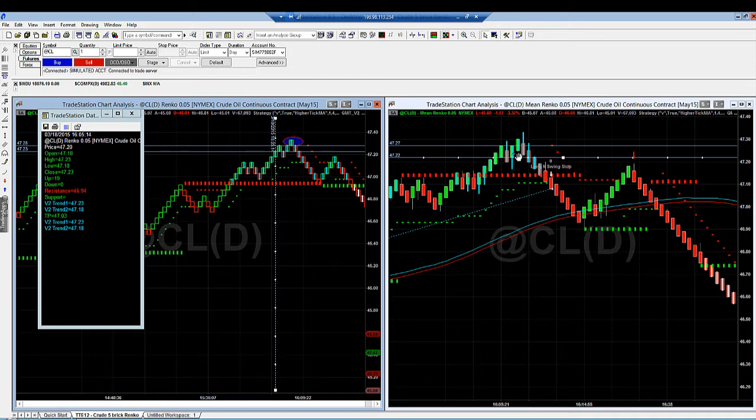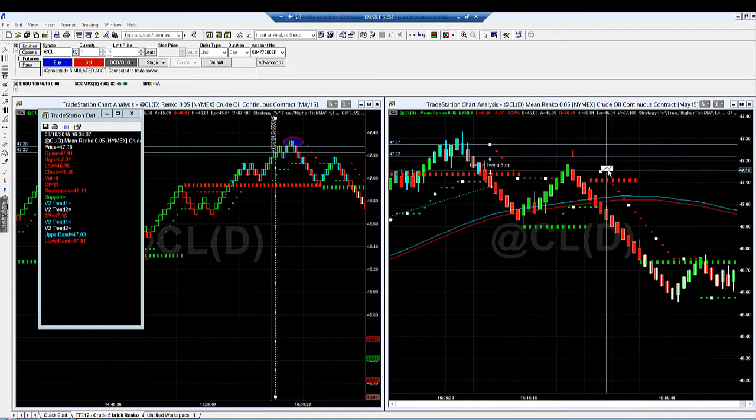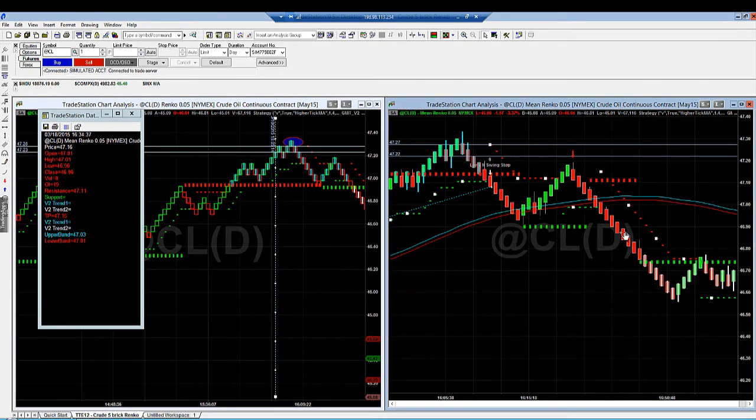Now, the other interesting thing is the way they're constructed. Let's use the shorts as an example. We'll go over to our short side. Again, they're a really good chart for cleaning out price action. But the way these are constructed is that if I've got a short here, my opening price was 47.16.